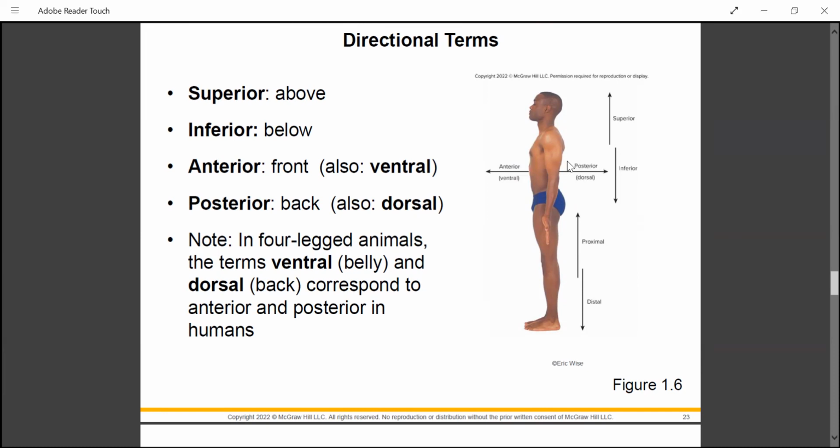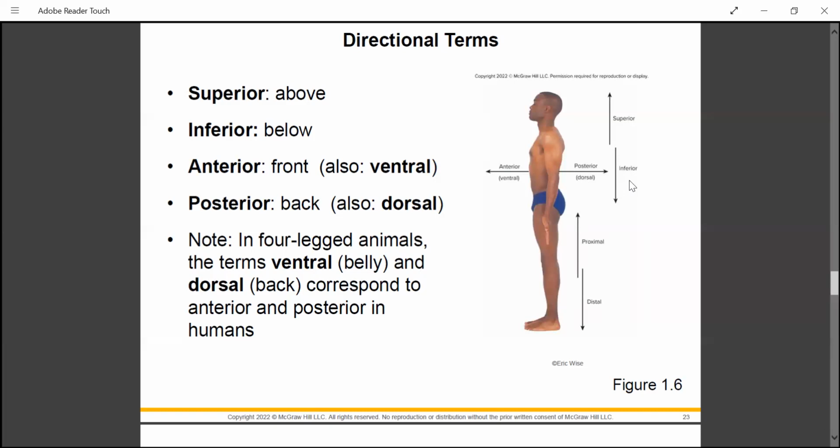These are interchangeable with the terms ventral and dorsal. In four-legged animals, ventral means belly, but in humans and people that stand erect, it also means the front. Dorsal means the back. So in an animal, it's the top, or a dorsal fin is a good example. And in someone standing erect, it's the same as posterior.